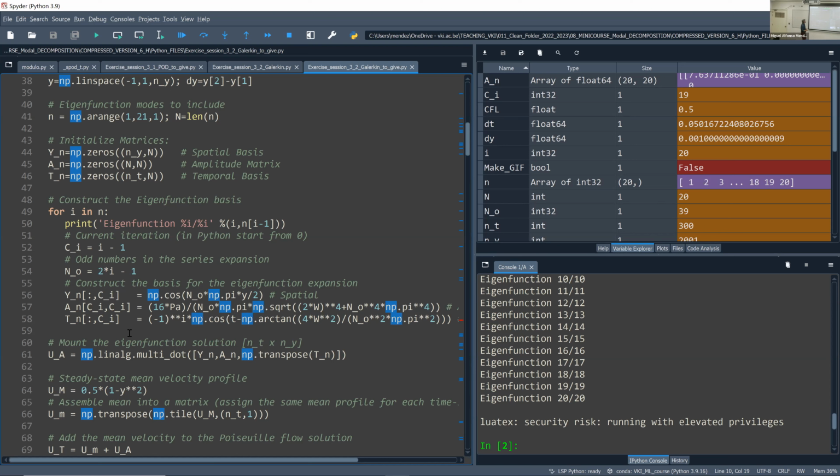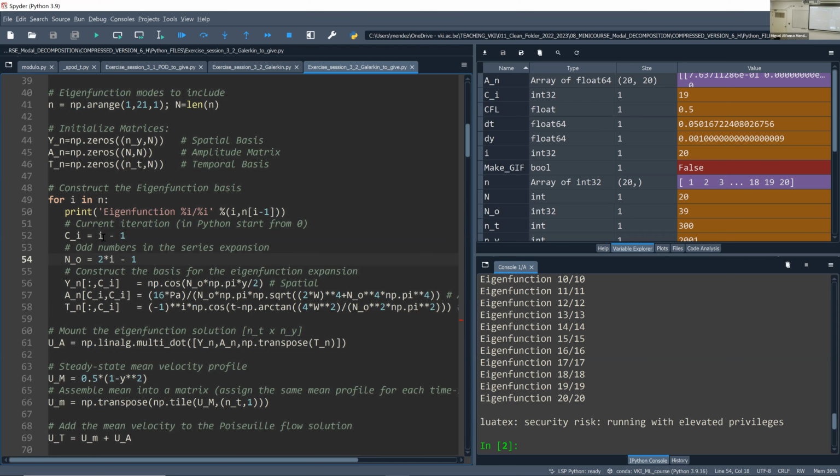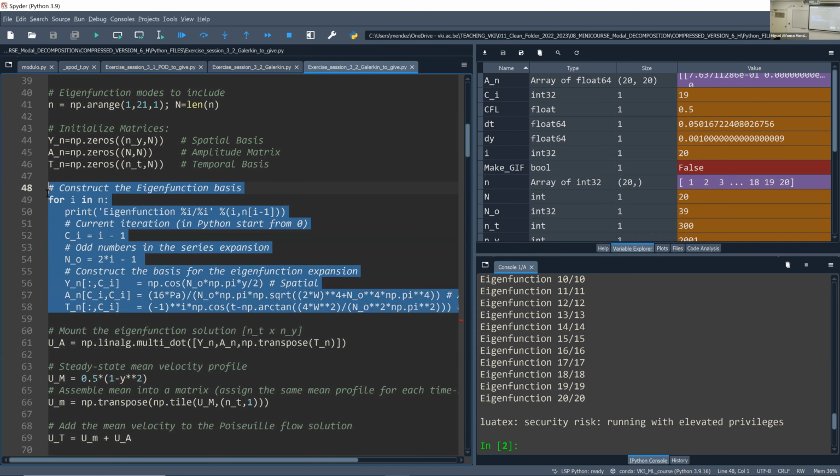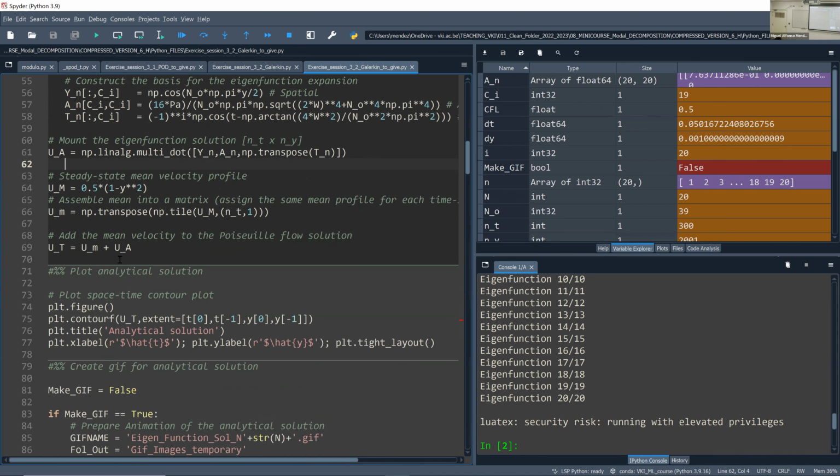And we are summing until n, and we were putting 21 eigenfunctions. Okay. This is just the equation for the solution. Then we mount together the solution by just taking the product. We had the mean flow, which is just the parabolic profile.